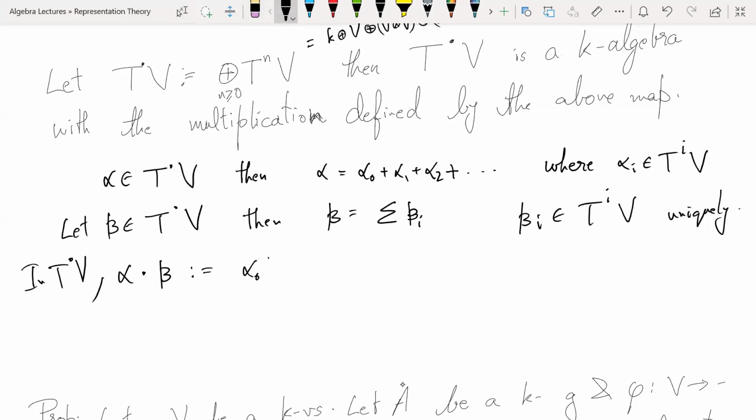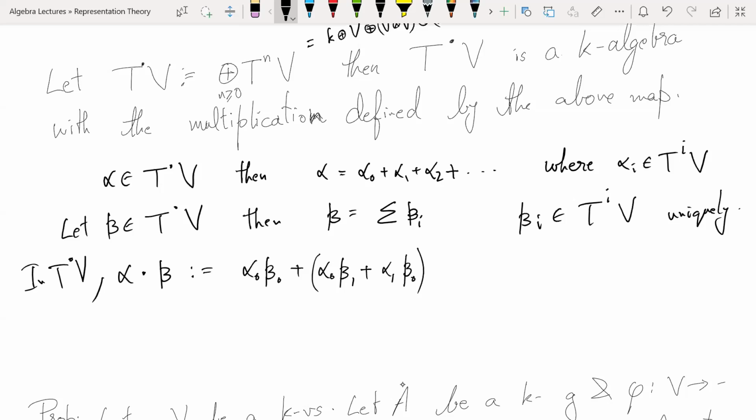Let me write it concretely first. So alpha 0 beta 0 is an element of K, plus alpha 0 beta 1 plus alpha 1 beta 0. That's also a vector space.